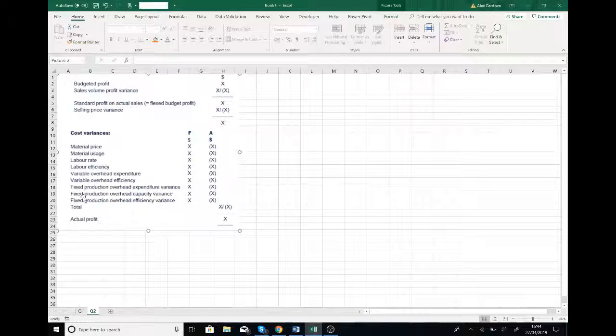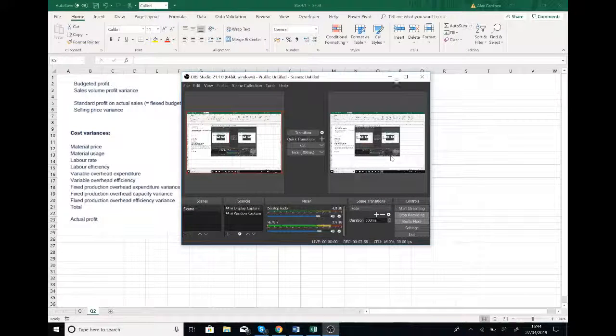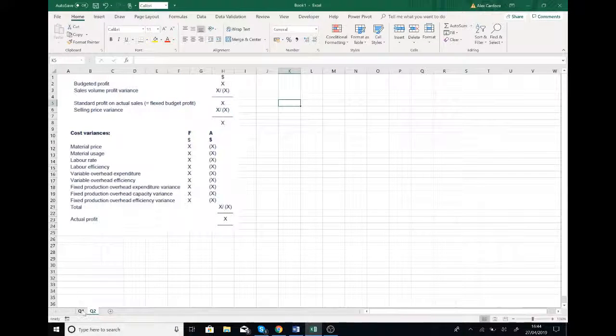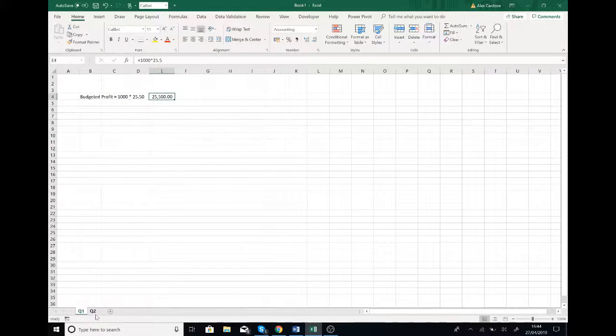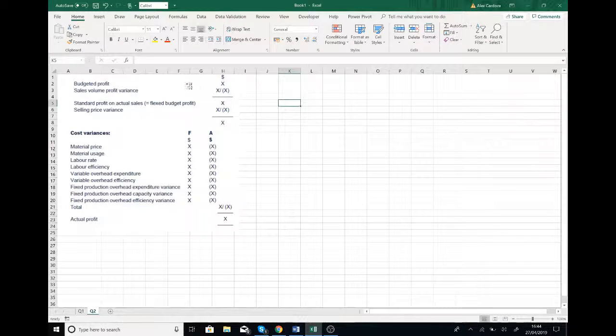And because it's absorption costing, you'll use the overhead capacity and the overhead efficiency variance as well. So what we do is we start off with the budgeted profit here.